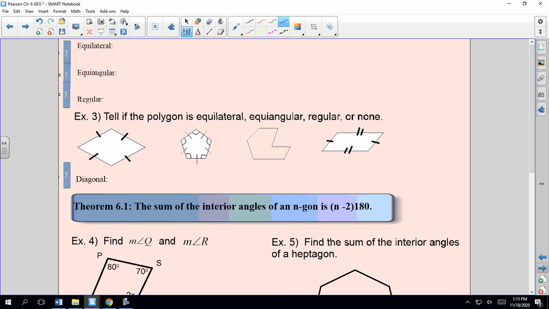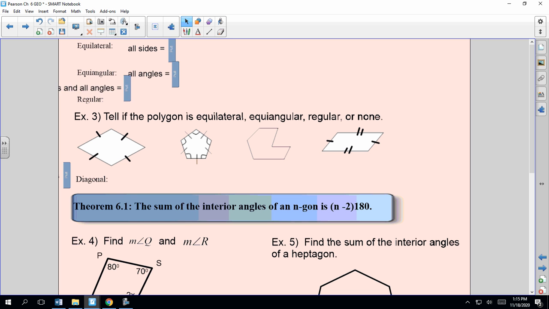All right, so special classifications of polygons. We have equilateral ones, all sides equal. Equiangular ones are all angles equal. And regular polygons have all sides and all angles equal. So for example, this first one, example 3, has all 4 sides marked as equal, so that is equilateral.